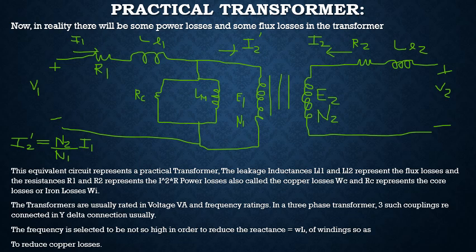The iron losses or core losses, which are the eddy current loss and the hysteresis loss, are represented by the resistance RC. Transformers are usually rated in volt-ampere rating and frequency rating. The frequency is selected to be not so high, in order to reduce the reactance, equal to omega L, of these inductances, to reduce the copper losses.